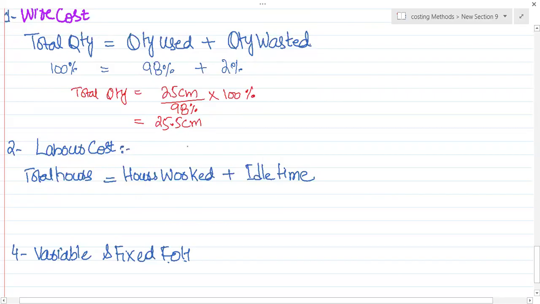Now, the rate is given in meter. There are 100 centimeters in 1 meter. So you will divide it by 100 to get the meters. So I will get 0.255 meter of wire is required and rate per meter is 0.5 per meter.